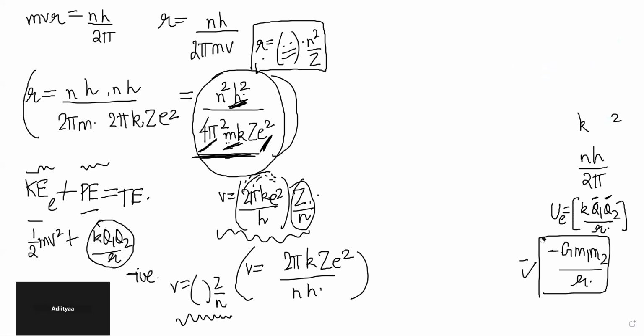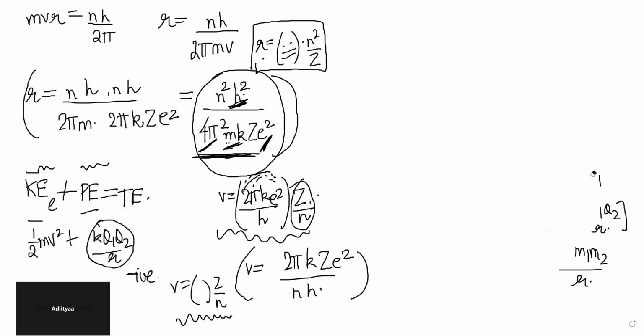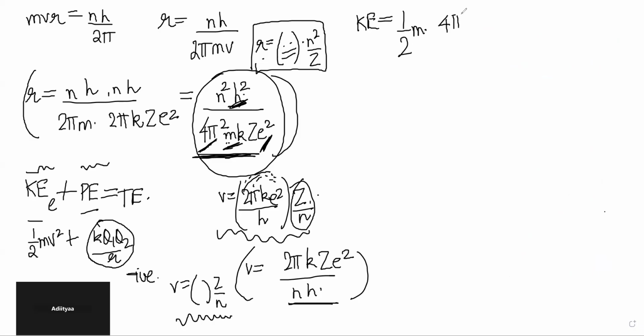Kinetic energy will be simply half mv square, right? So use the formula for v and find the kinetic energy of the electron. Half m v square, v square. So see, v is in this, right? So it will be 4 pi square k square Z square e power 4 by n square h square.